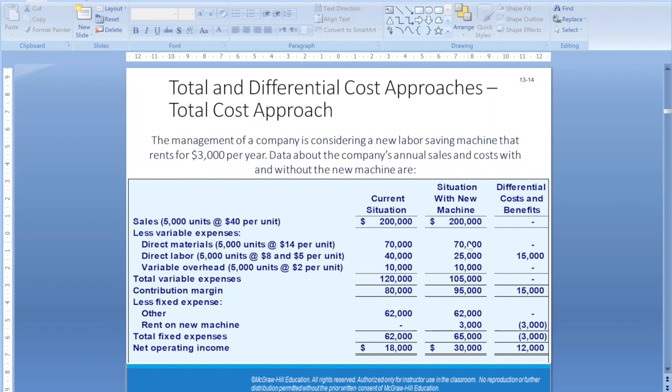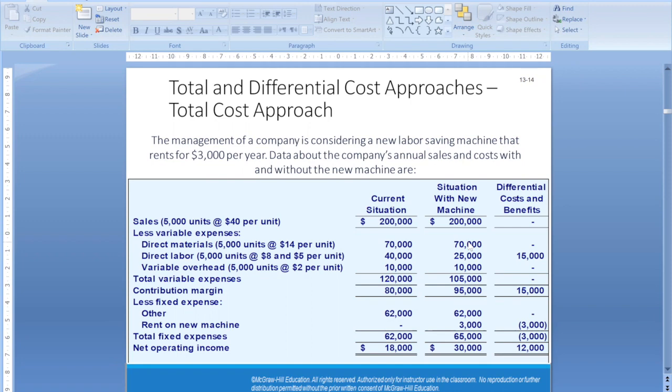Now, the direct labor: the cost for one unit is $8 in the current situation. So 5,000 units multiplied by $8, and the cost for the labor would be $40,000 for the current situation.